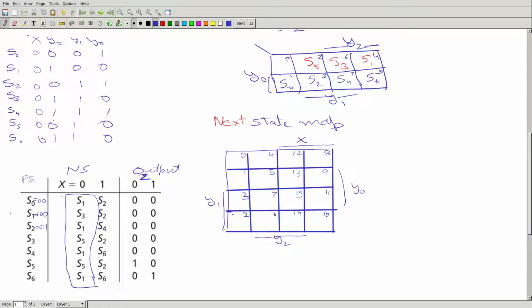So when S0 is our present state, that is encoded as 1, we get the next state as S1. And when it is 4, then we get our next state as S3. When our encoding S2 is 3, then we get our next state as S1 again.